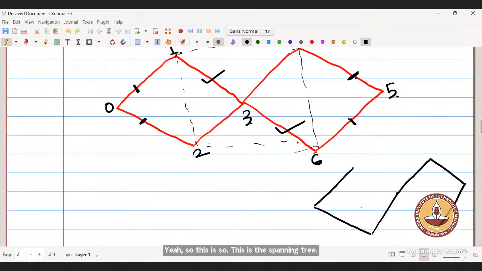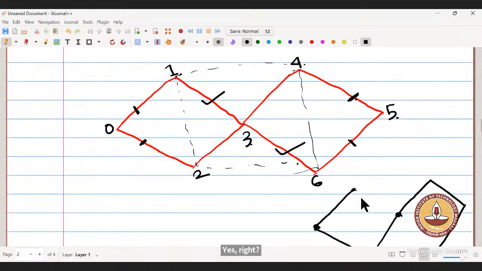Okay, if I remove this one and this one, then it's going to create a problem, right? Yes, you can't remove the one above and below simultaneously.